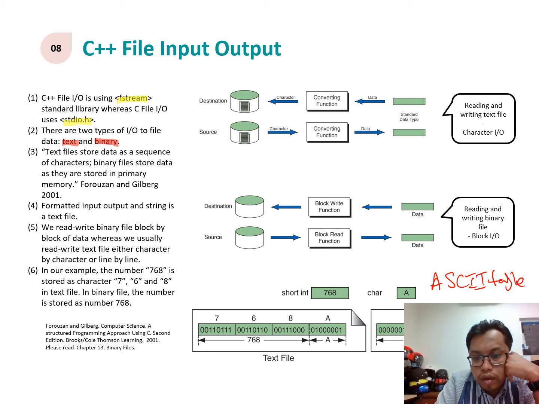But in the binary file, the 768 is basically saved as the number 768.